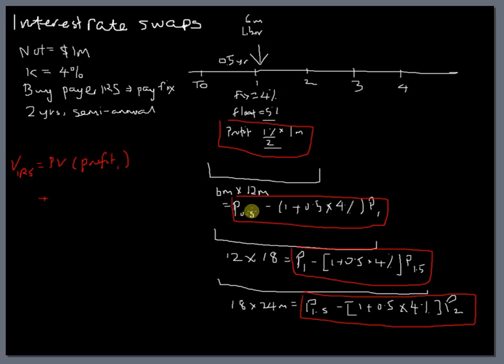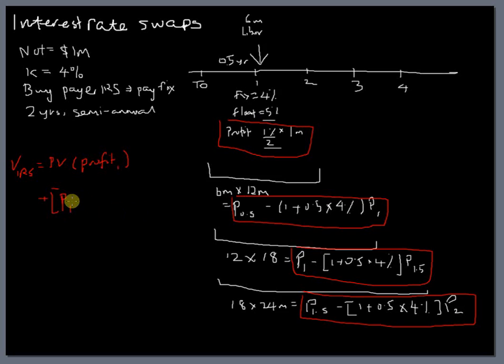If you look at all this, there are some terms that cancel off. So this can be reduced to, I call it P, I call it 0.5 here. Maybe I call it P1 here to denote that this is the first period.